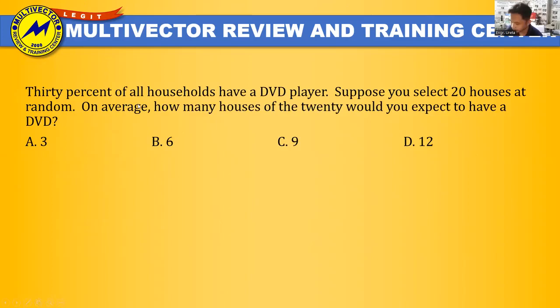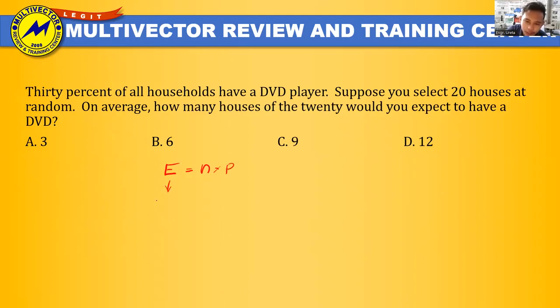So let's continue. 30% of the households have a DVD player. Suppose you selected 20 at random. On average, how many houses out of 20 would you expect to have a DVD player? For this problem, our formula for the expected number is the number of the population times the probability.